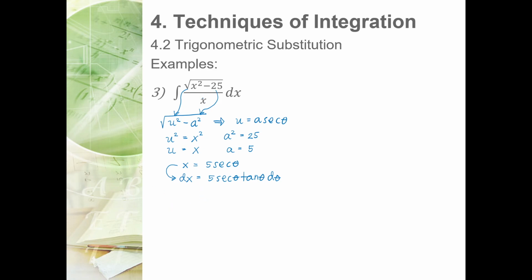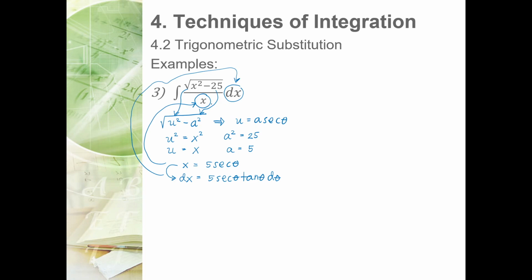Okay, so notice in the given equation above, we can now replace x with 5 secant theta. We can also replace dx with 5 secant theta tangent theta d theta. If you're confused, let's point it out with the arrow.